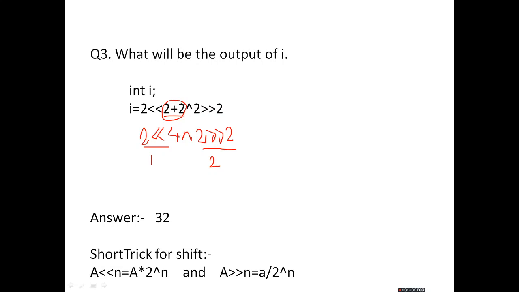So 2 left shift of 4. This formula comes: A is equal to 2 and N is equal to 4.